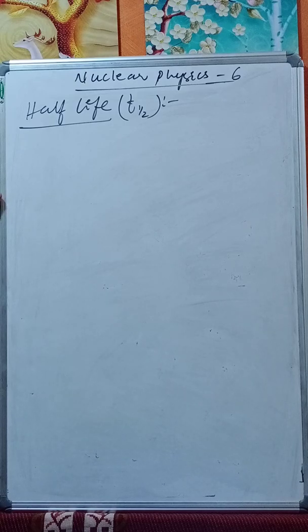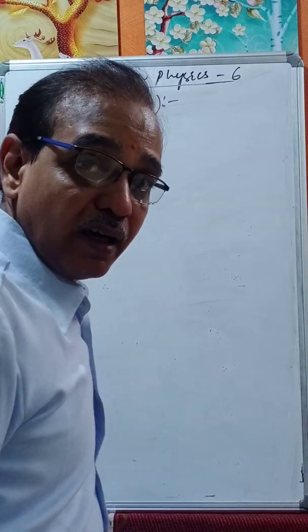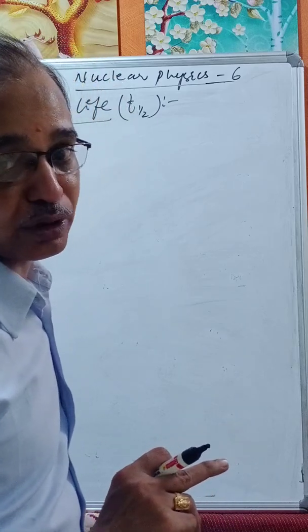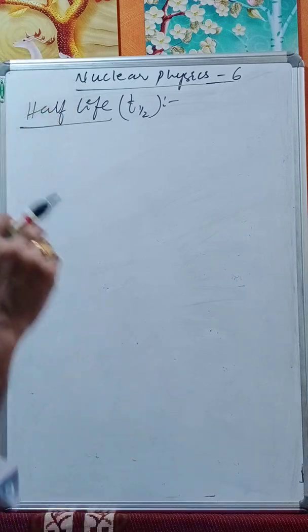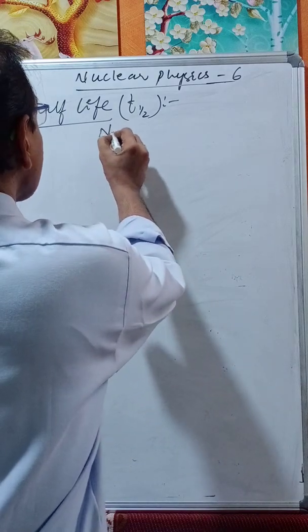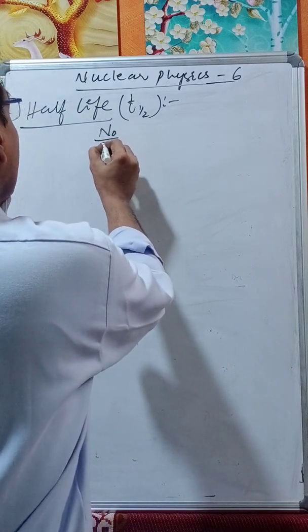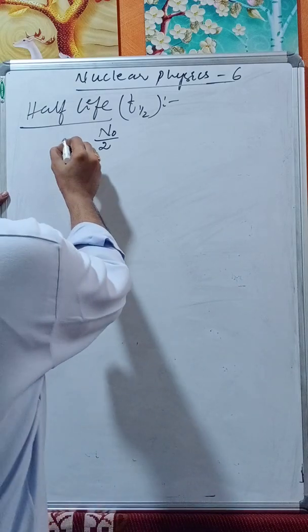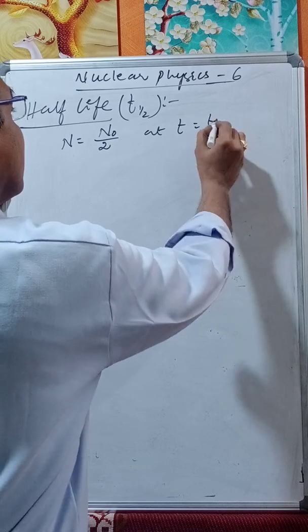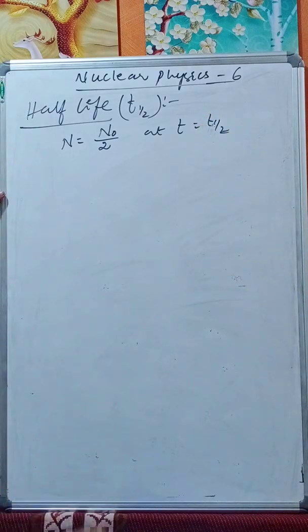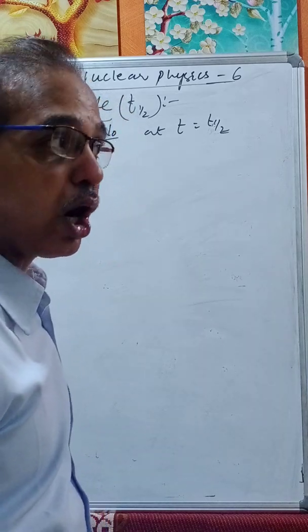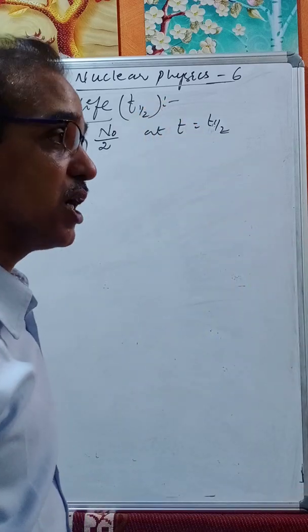The time taken by the radioactive element to decay to half of its initial value is called half-life. Initial is N naught. At t equal to T half, N is equal to N naught by 2.